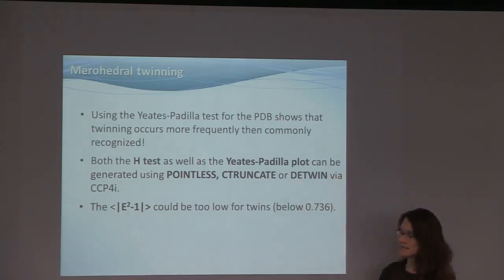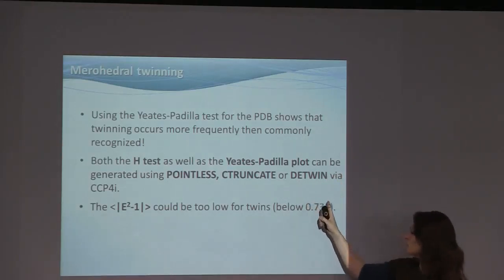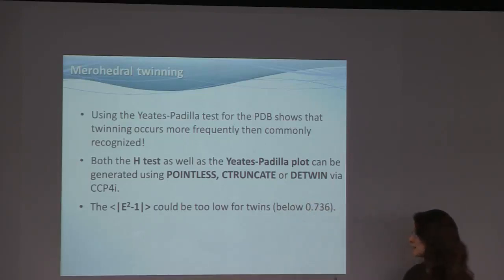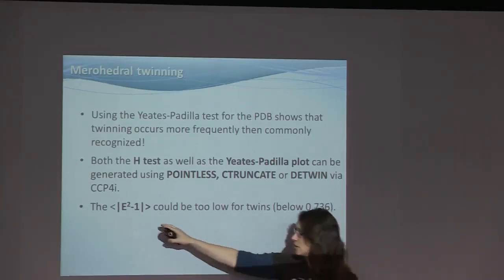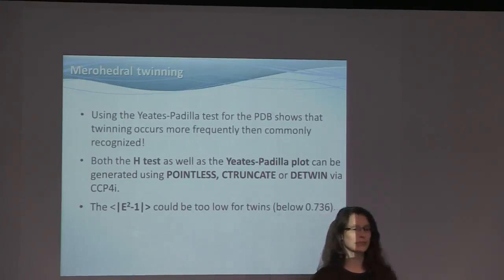So both of these tests can be generated with a number of programs: Pointless, Truncate, Detwin in CCP4, but also Phenix Xtriage. There's a server for them. So there's various possibilities. It is also important to note that because of the changed intensity distribution, E squared minus 1, which, are there any small molecule crystallographers here today?